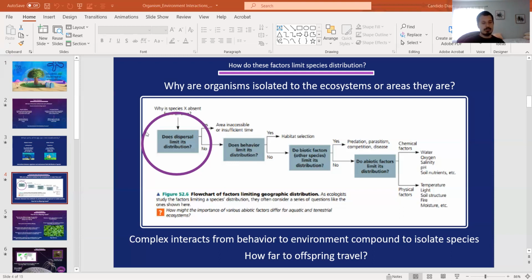Or, when it comes to invasive species, the reason that they are not limited in their distribution is because none of these factors exist, right? There's no biotic factor that is keeping them in check. There's no predators. There's no abiotic factor, right? They're not poisoned by the air or the water or anything like that.